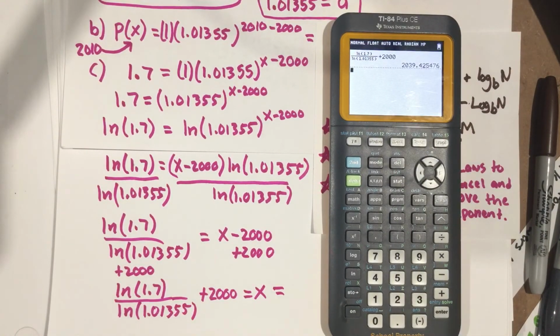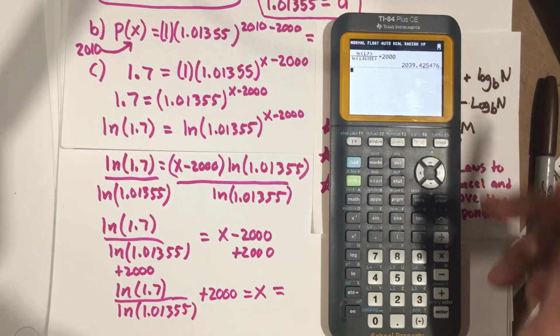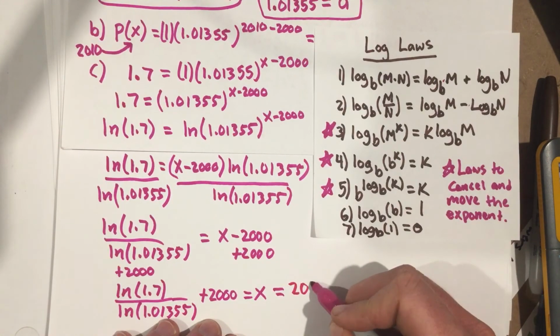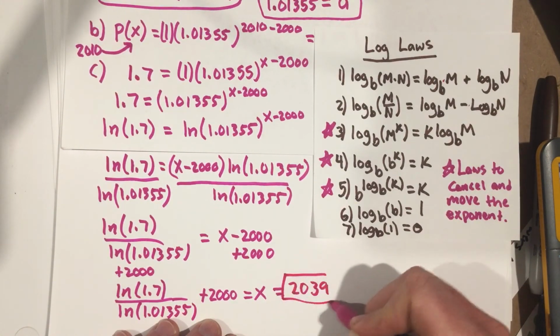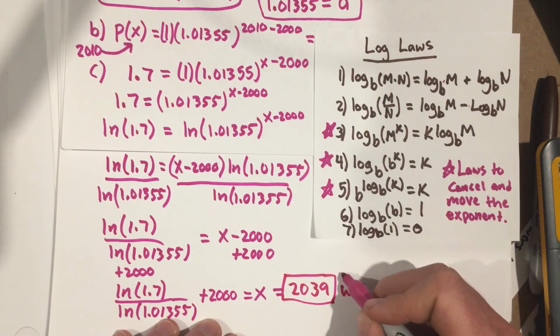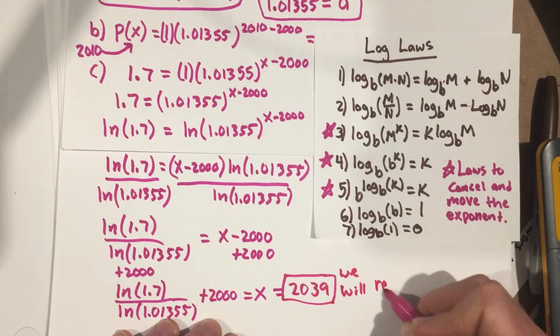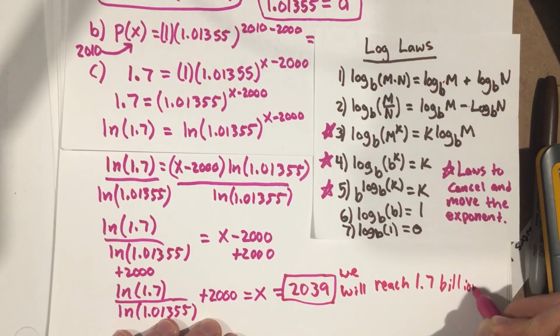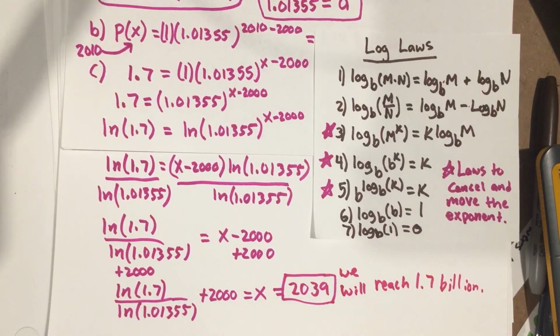That tells us that we're looking at a population of 1.7 in the year, looks to me like 2039. So we'll say in 2039 we will reach 1.7 billion. Hope all that makes sense.